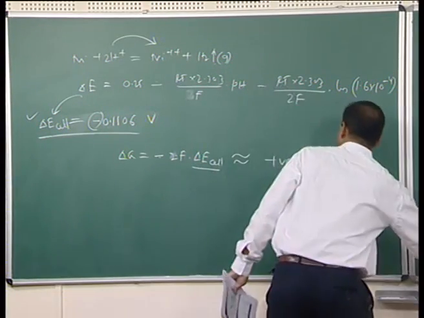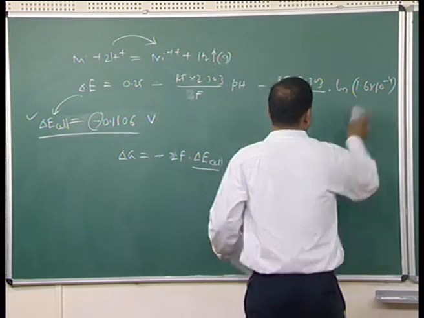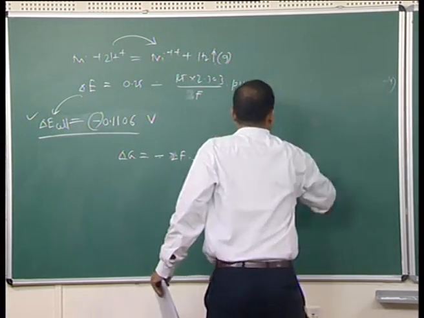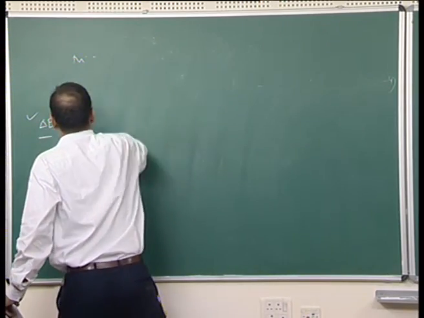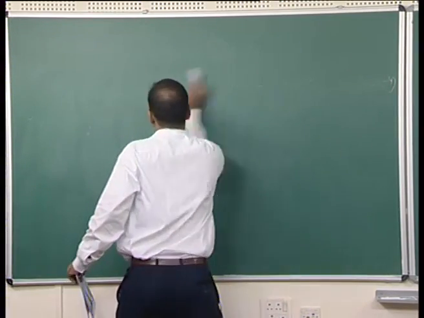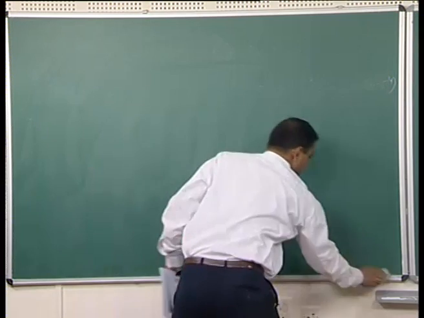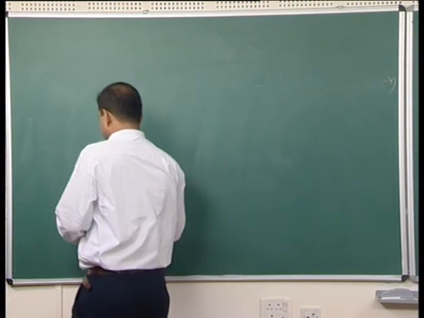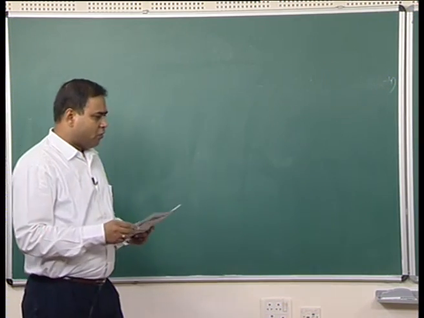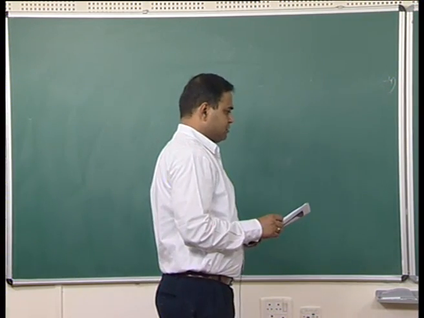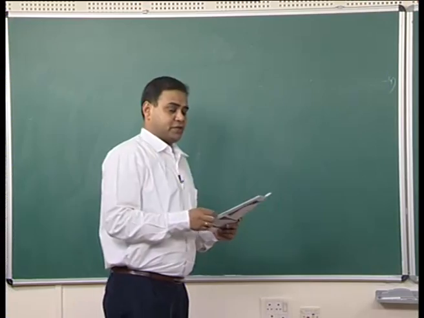Now let me again come back to the reduction potential series. When we found out the reduction potential series, at that time we considered the values of all the reduction reactions with respect to the hydrogen electrode.